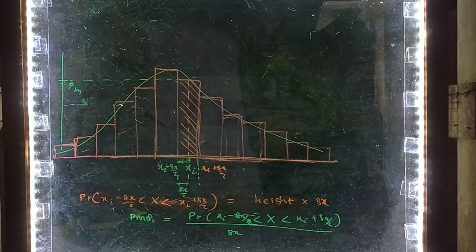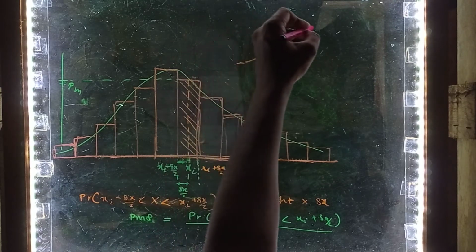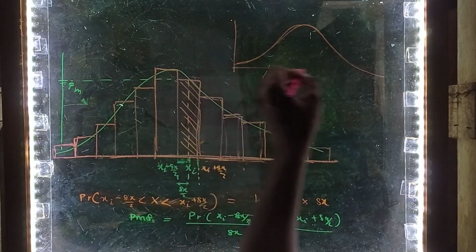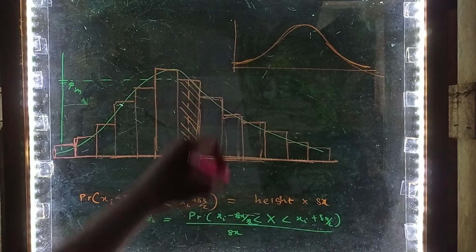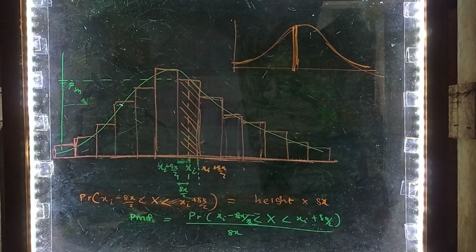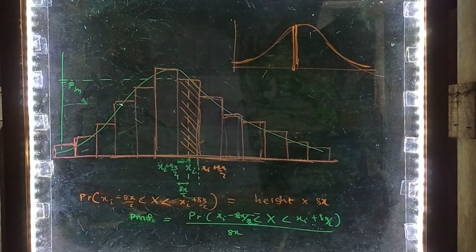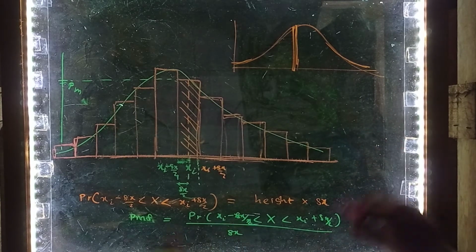Once we let each of these sticks be very tiny candles, it will look like this type of distribution. That's not a straight line, but it is pretty close to a straight line. There is a width. Let me simplify it once again.